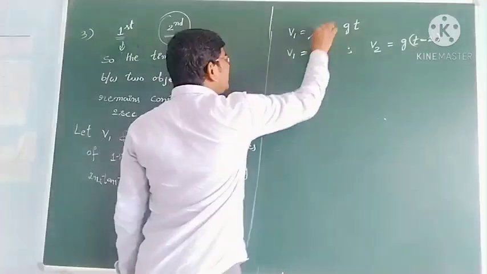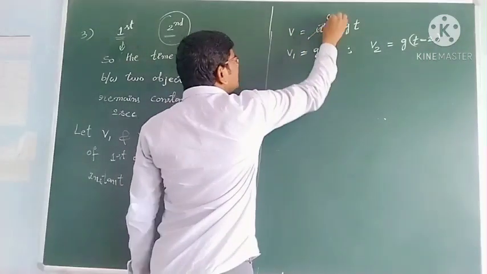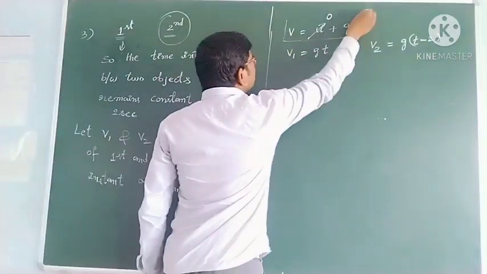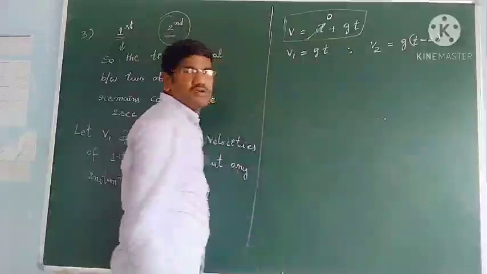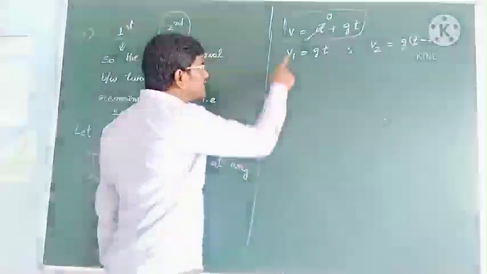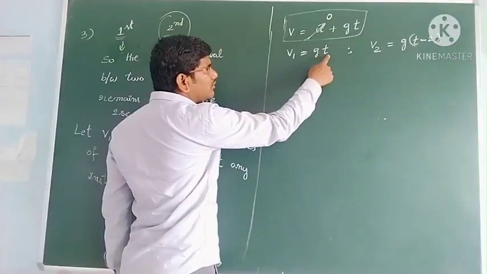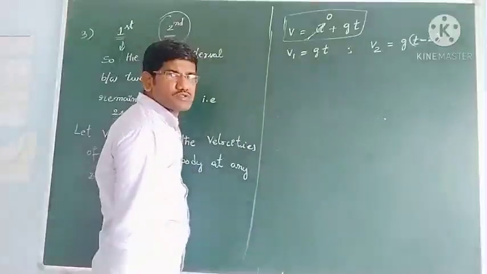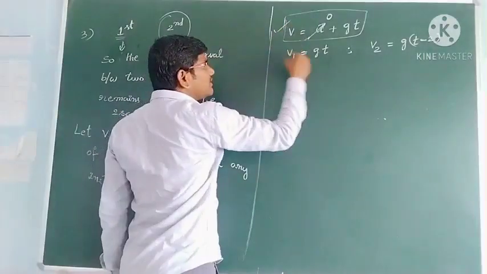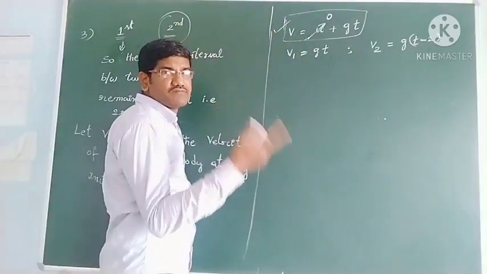Since it is a freely falling body, u is 0, so v is equal to u plus g t. So the velocity of the first body after t seconds, v1, is g t, and the second body's is g into t minus 2. These are the velocities at any instant of time.